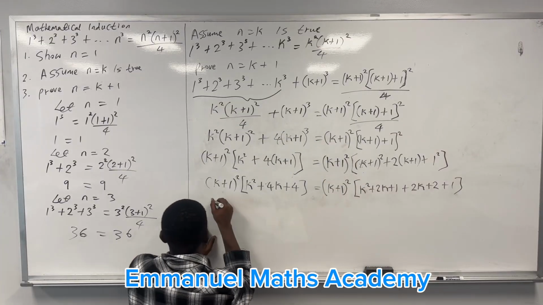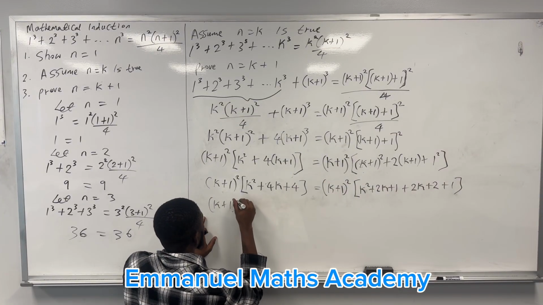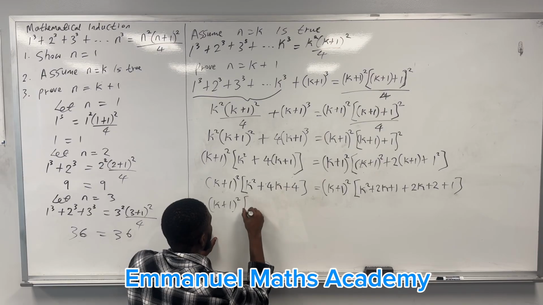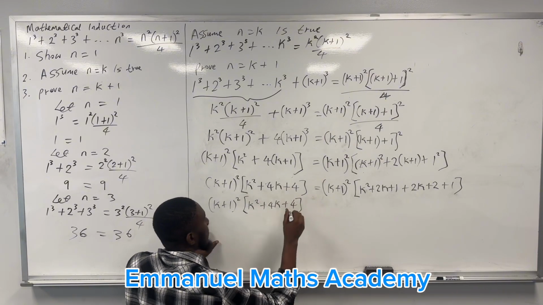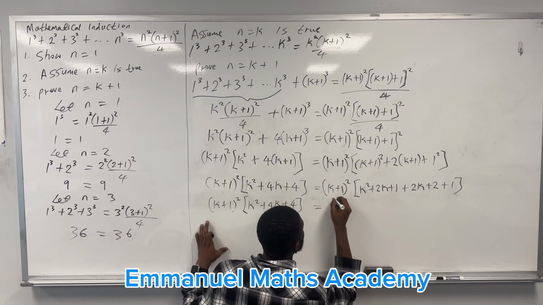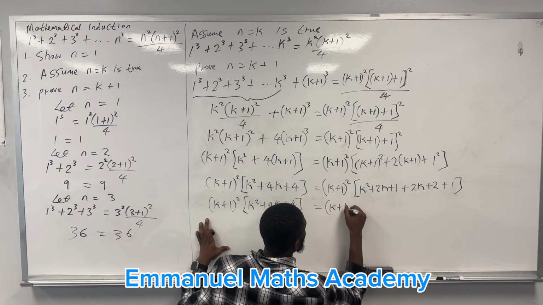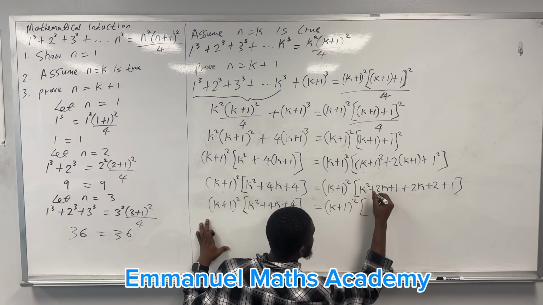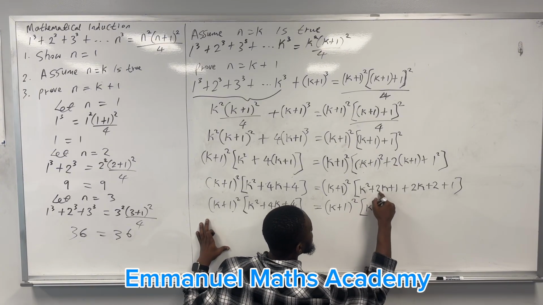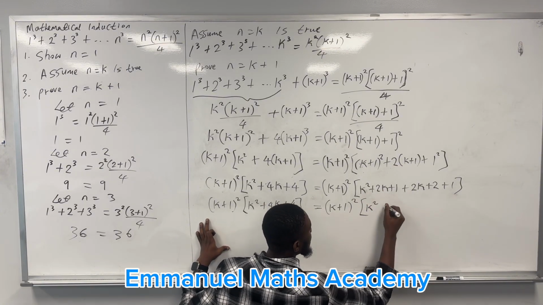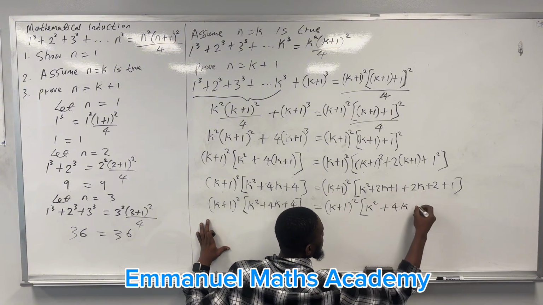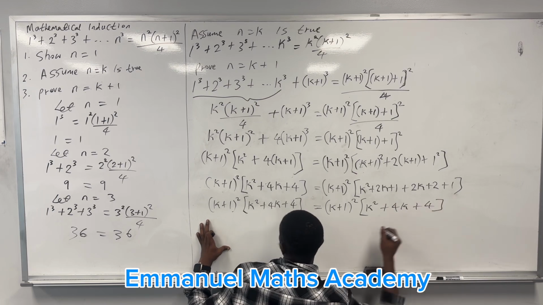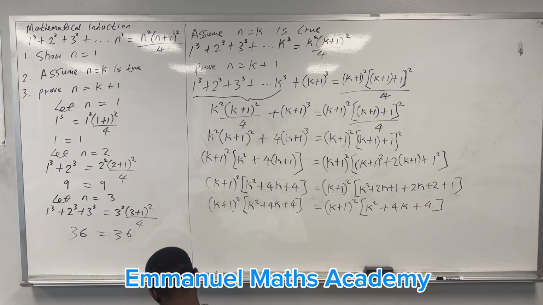Hence, here we have K plus 1 squared into K squared plus 4K plus 4, equal to K plus 1 squared into all this. We collect like terms: 2K plus 2K is 4K, and 1 plus 2 is 3, plus 1 is 4. You can see that what we have here is the same thing as what we have here. The left hand side and our right hand side is true.